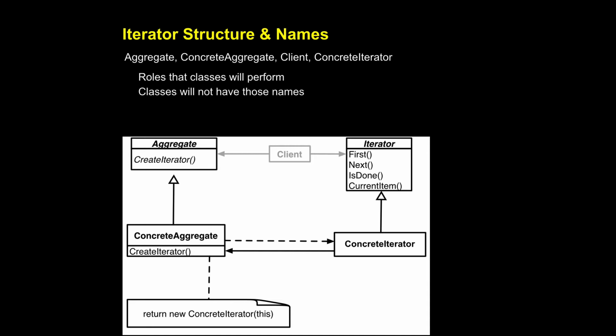I'll show you an example of why we want it coming up. In general, the forEach is somewhat limited. So Python's iterators are limited in certain ways. Java's are limited in other ways. But you'll see in a minute why.